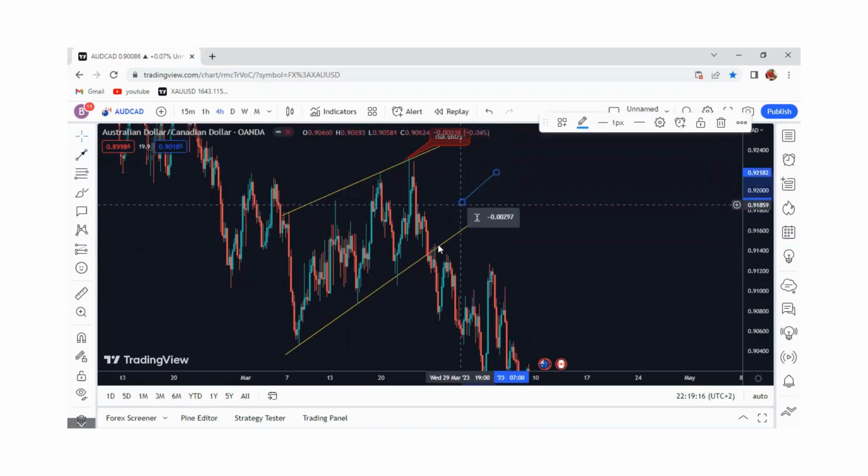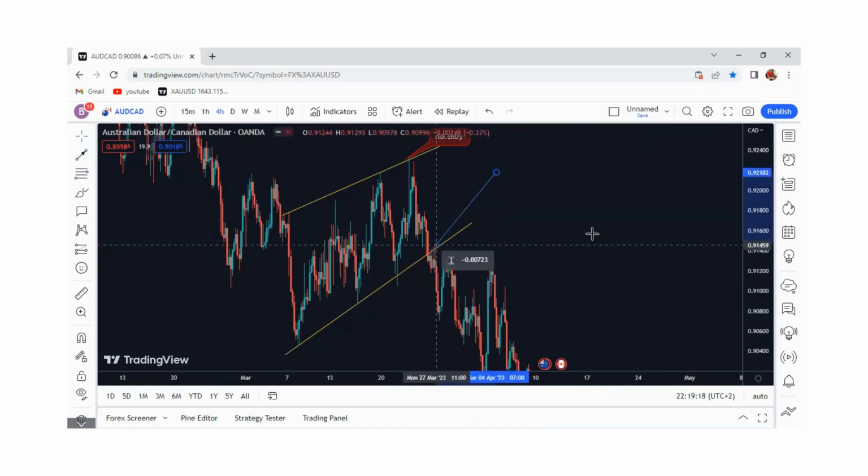Here's going to be my second entry after the retest. After it breaks the structure and comes back for a retest, that's where I normally go in, because I know that the market still wants to go to the downside.